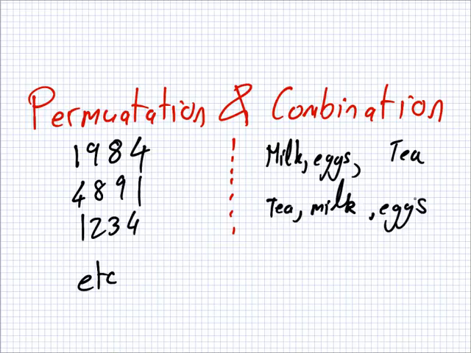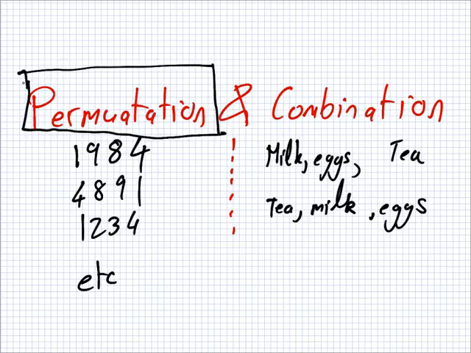They aren't different. They're the same shopping list. And so this is called a combination, when the order is not important. So what we're going to have a look at in this lesson is actually just permutations today, where the order we do care about.